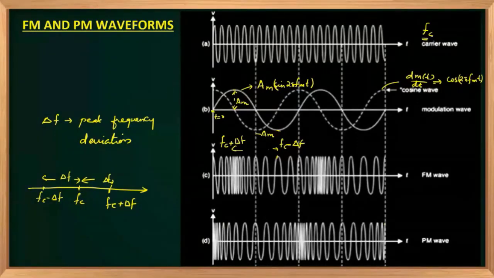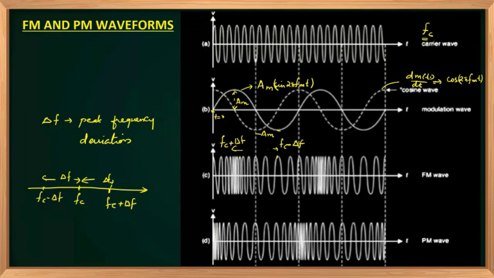In a PM wave also you can see the frequency deviation from fc, but it will be in another form, because in a PM wave frequency deviation occurs when the derivative of the message signal is maximum.